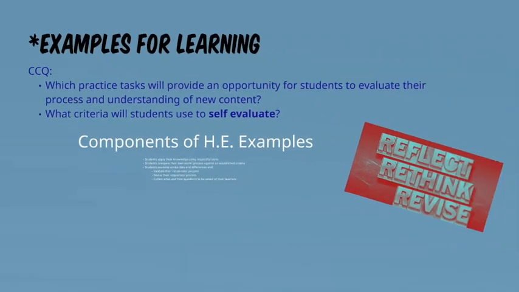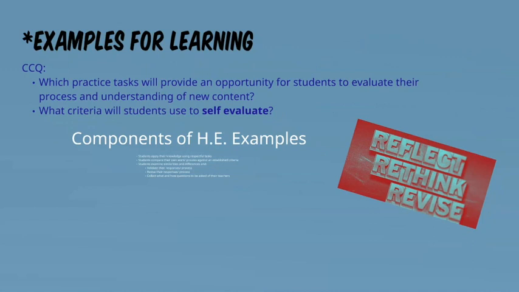So when we talk about examples for learning, I want you to notice I starred this, because this is the place where we as teachers, under time constraints, have to be very, very careful and really stubborn, if you will, in times where we can give students enough opportunity to work formatively independently. Let me say that again.